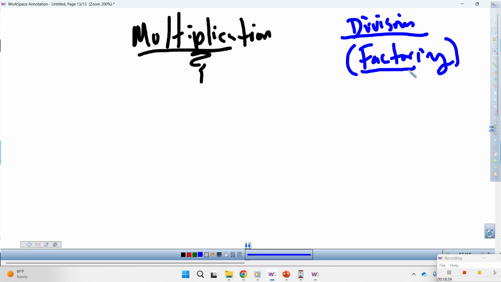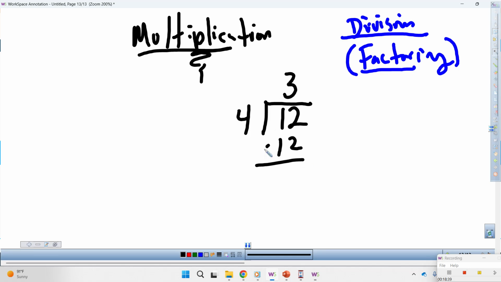Are we there? For example, if I was to say, here's number 12, and I want to divide that by 4. How many times does 4 fit into 12? 3 times. So 3 times 4 is 12. Subtract. That's 0. Well, guess what?